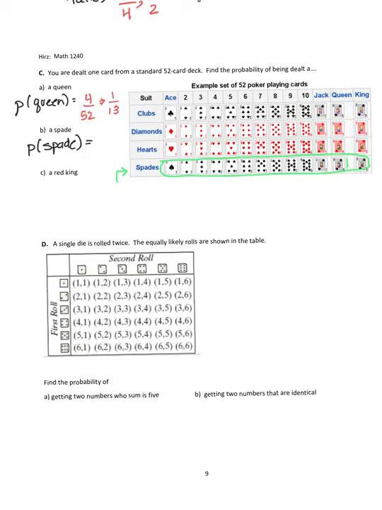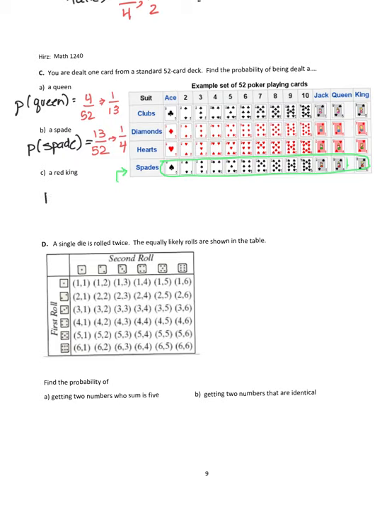If you count all the spades right there, you would count 13, and that would be out of the total deck, which is 52. 13 out of 52, and we are at 1/4, or a 25% chance that you would be dealt a spade.